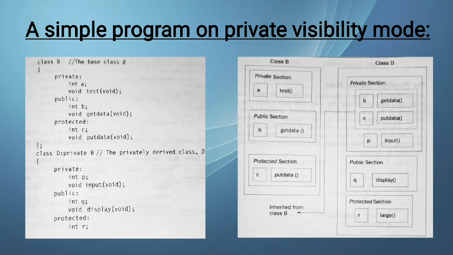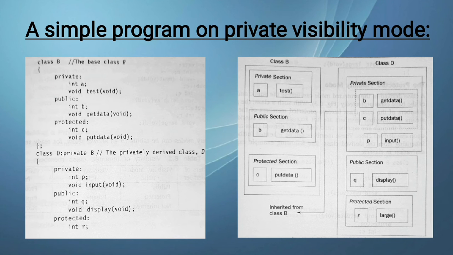In the case of this block diagram, we are discussing private. So what happens is that when the base class has been declared as private under a derived class, the private members cannot be inherited under the class D. But the public and protected can be inherited.